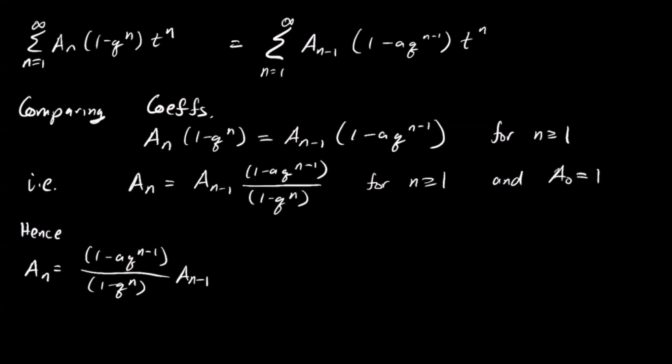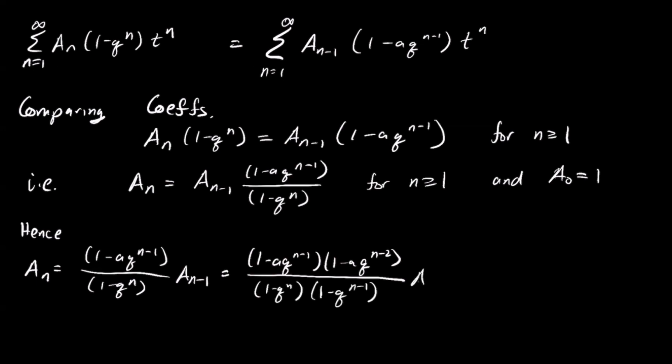Now I apply the same recursion to a sub n minus 1 and rewrite it in terms of a sub n minus 2. So I'm going to get 1 minus a q to the n minus 1, 1 minus a q to the n minus 2, divided by 1 minus q to the n, 1 minus q to the n minus 1, times a sub n minus 2. And we continue this way, applying the recursion to a sub n minus 2, and so on and so forth.